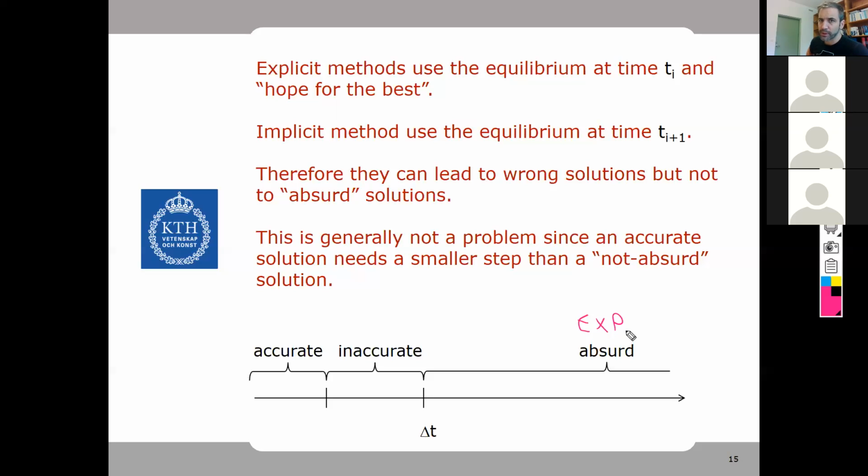And when I say absurd, I mean things like you calculate the vibrations of your bridge, and it tells you that the bridge is vibrating like 15 kilometers to the left and 15 kilometers to the right, which is obviously wrong. The implicit method is never going to do that.